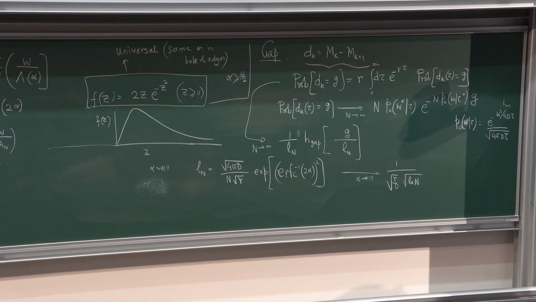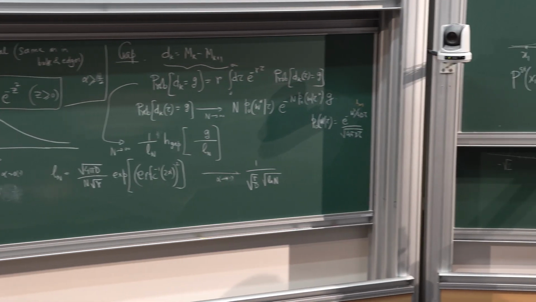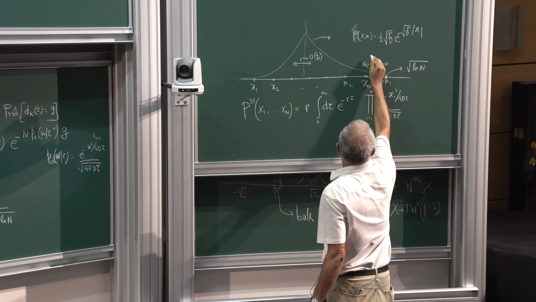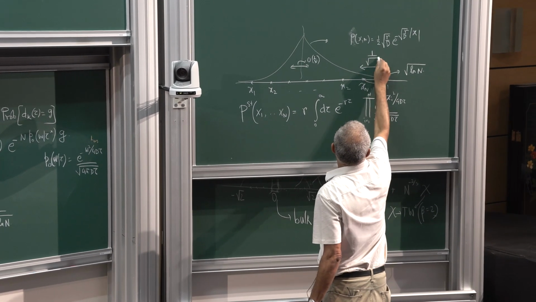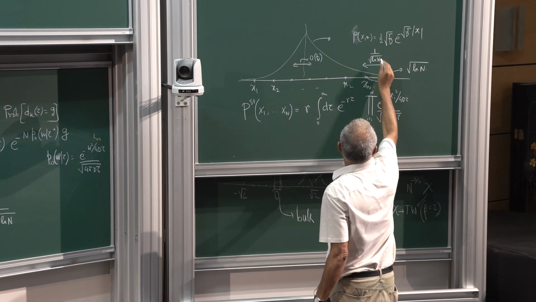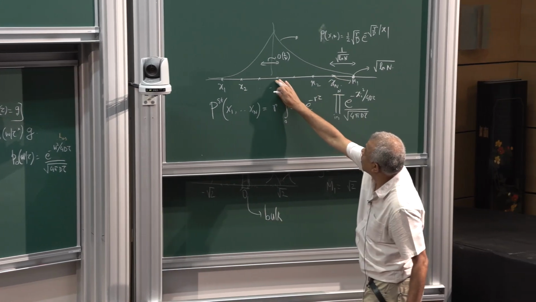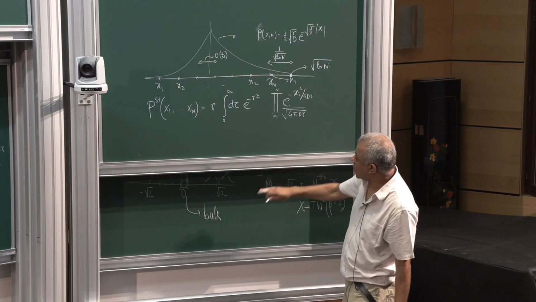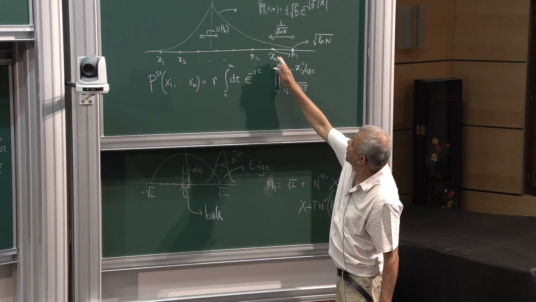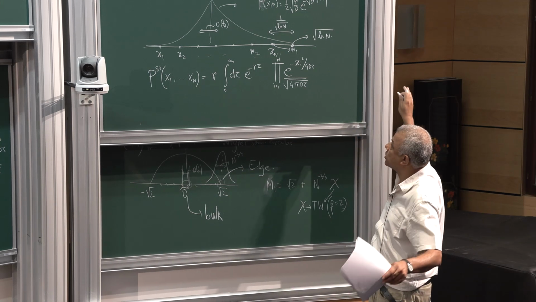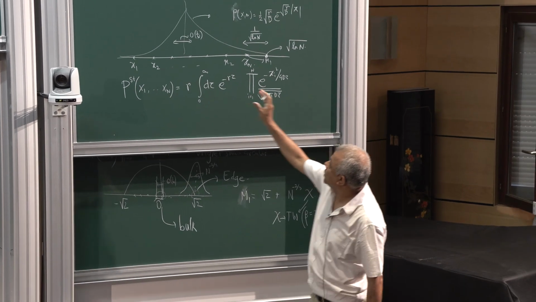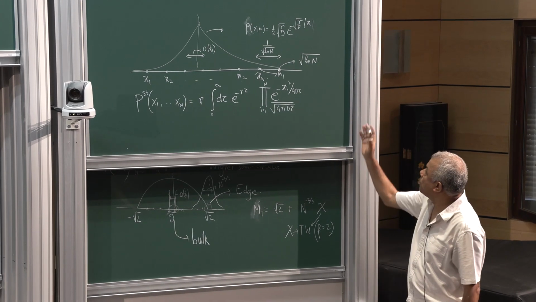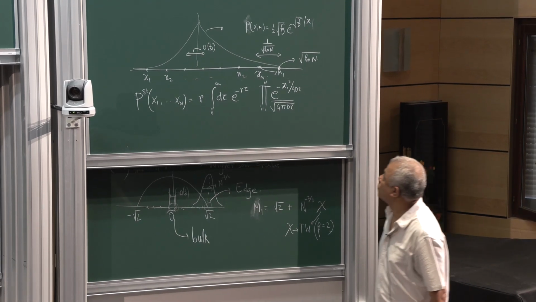So the location of this particle goes like square root of log n, and this gap here is actually of order 1 over square root of log n. So in the bulk it's order 1 over n, and here it's 1 over square root of log n. Again, like in the log gas, this also gets sparser and sparser as you go away from the center of the trap. In the bulk they are densely spaced, but far away the gap between them goes like 1 over square root of log n.